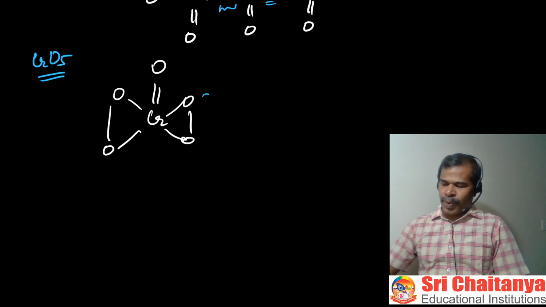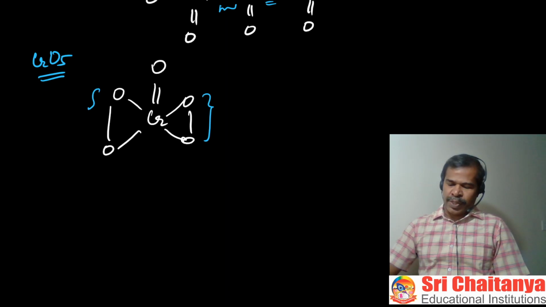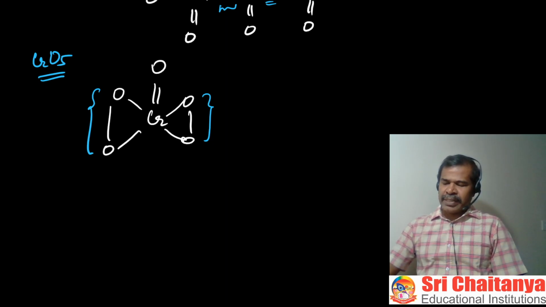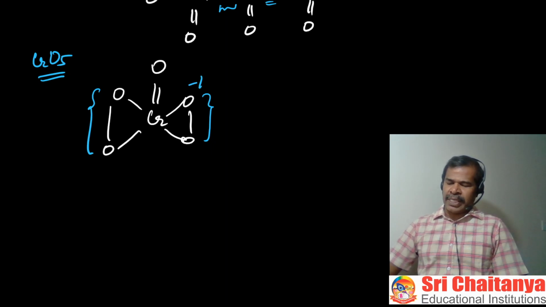These 2 O's and these 2 O's are connected through a peroxy bond. These bonds are peroxy bonds. So each peroxy oxygen is given an oxidation state of -1.